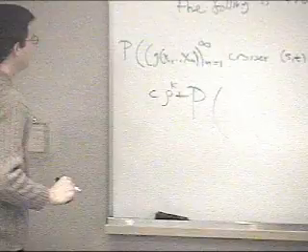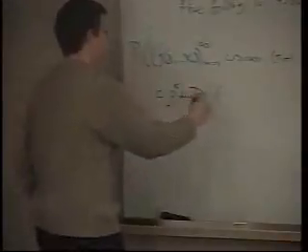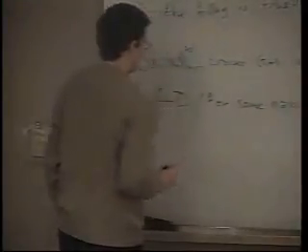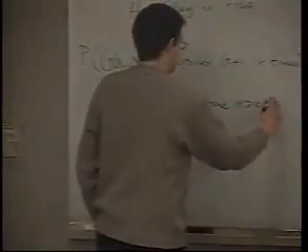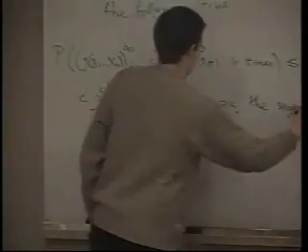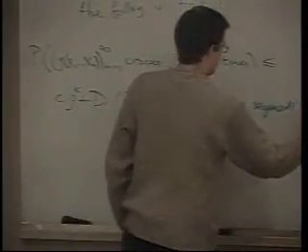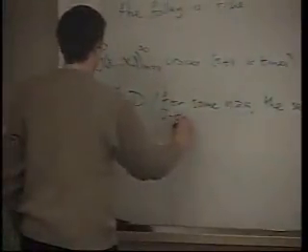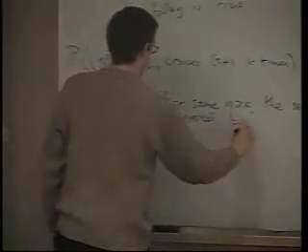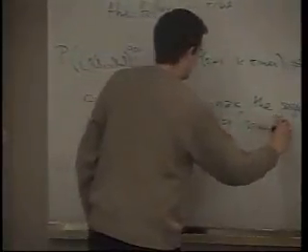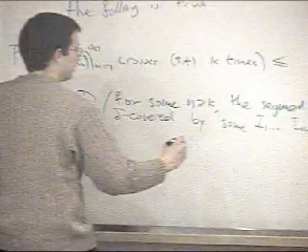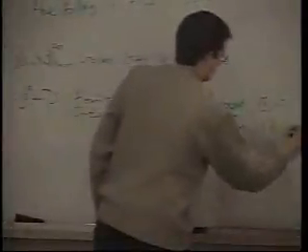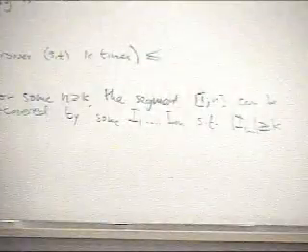So this is the probability that for some n greater than k, the segment from 1 to n can be delta covered by some segments I1 to Im, such that one condition is that m is at least k.